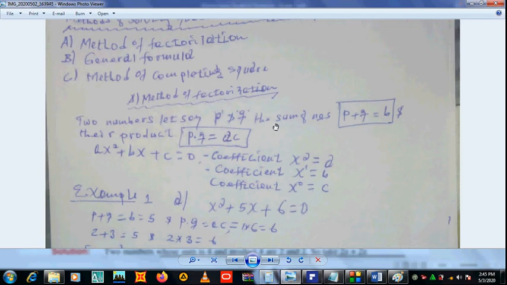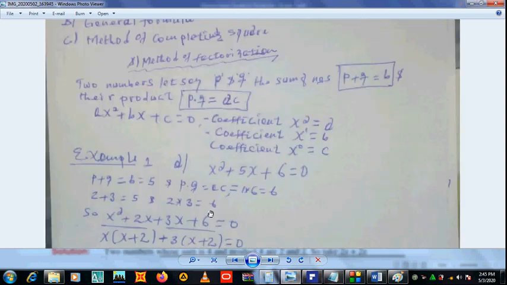For the quadratic equation ax squared plus bx plus c equals 0, the coefficient of x squared is a, the coefficient of x to the power 1 is b, and the coefficient of x to the power of 0 is c. Let's do this example by the factorization method: x squared plus 5x plus 6 equals 0.